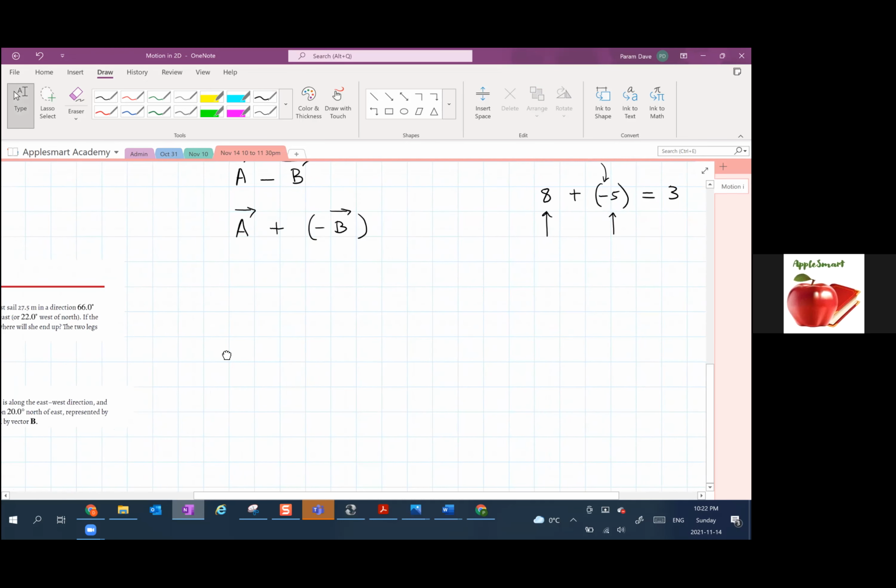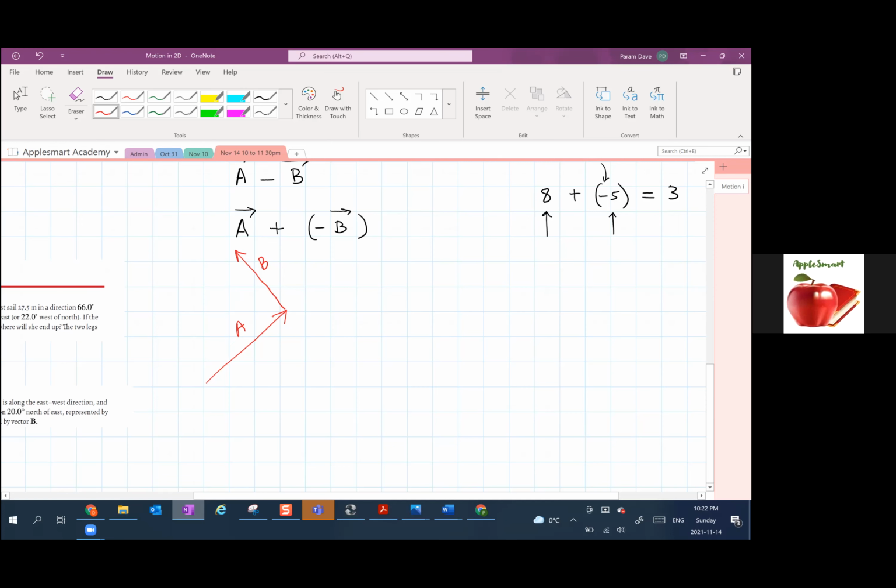Okay, well, take a look. Let's say my vector A was in that direction. And vector B, let me draw it head to tail. This is, let's say, my vector B. I now have to do A plus negative of B. First of all, let me figure out in what direction negative of B is going to be.